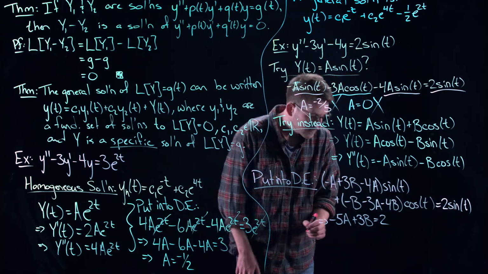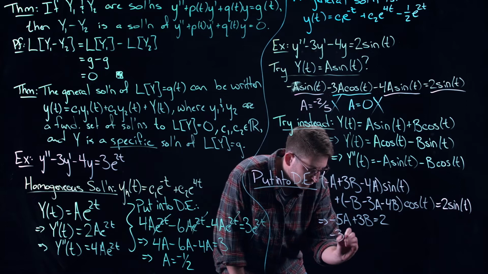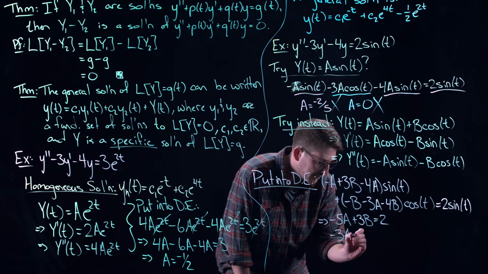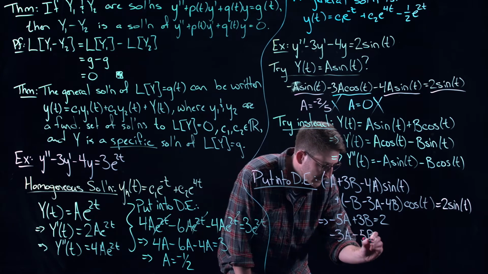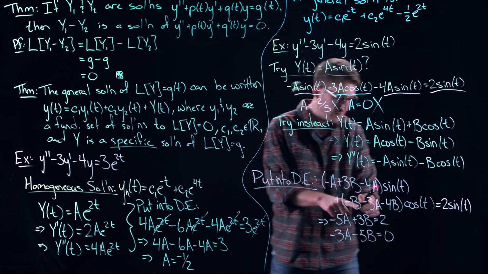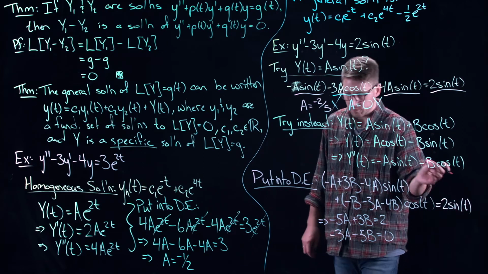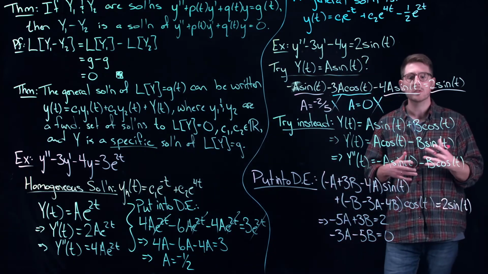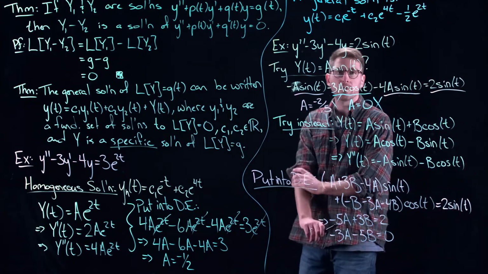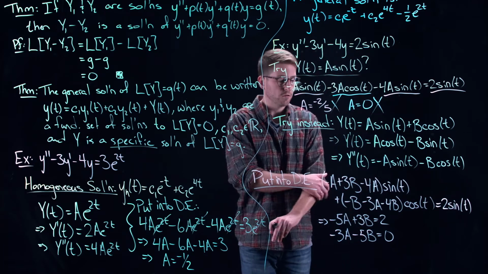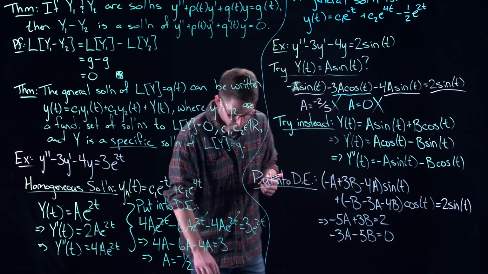Similarly, you simplify this a little bit and you get minus 3a minus 5b is equal to 0, because there's this many cosines on the left and there are no cosines on the right. This is similar to what you would do with partial fractions, maybe when doing some integration problems in calculus class.